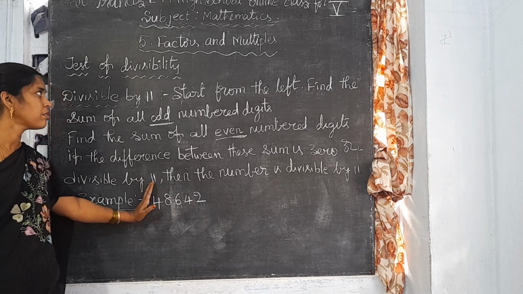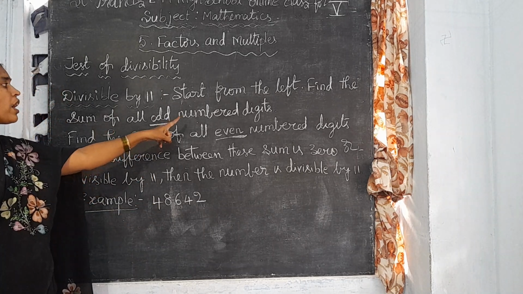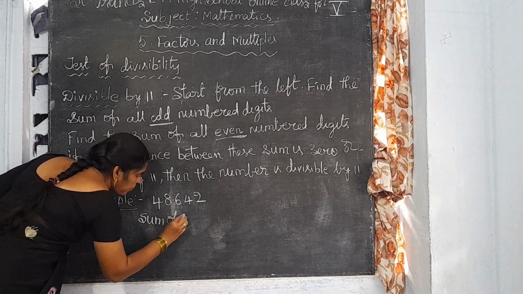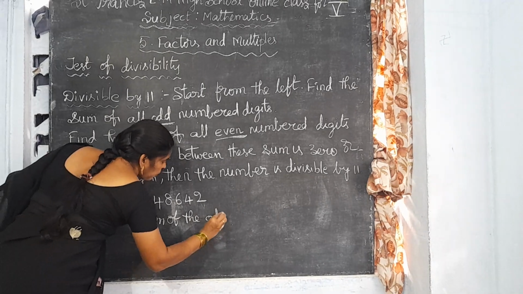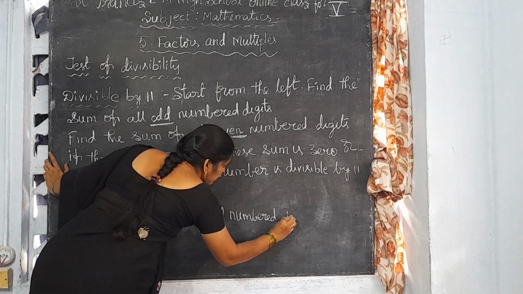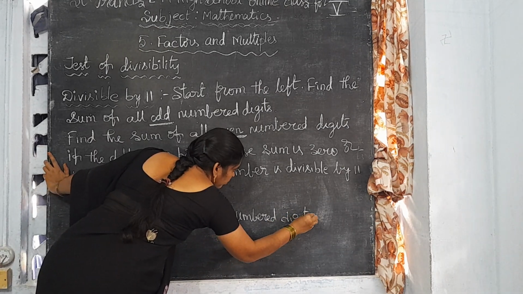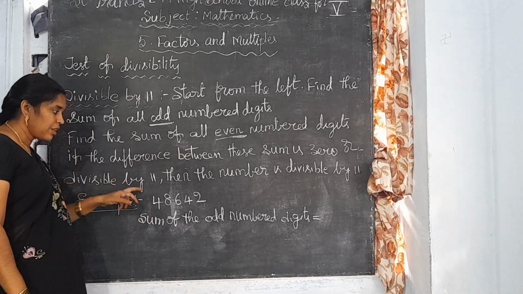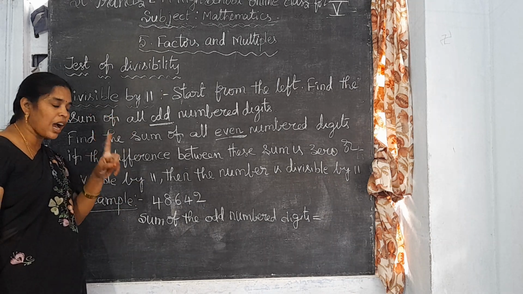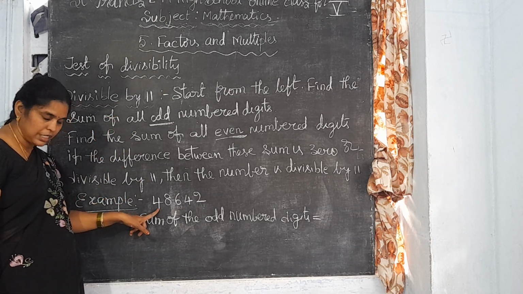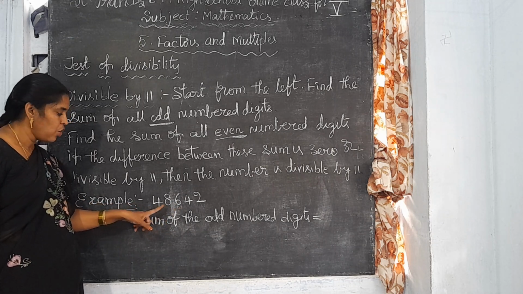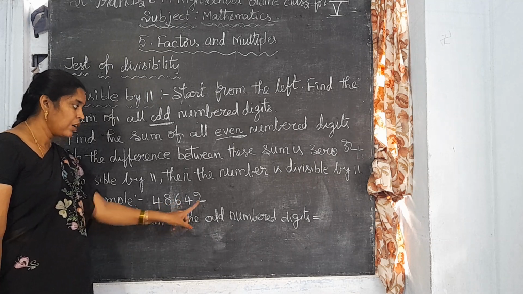Find the sum of the odd place digits. Start from the left: this is the first place, then third, then fifth. The second one is not an odd place. 1, 3, 5.